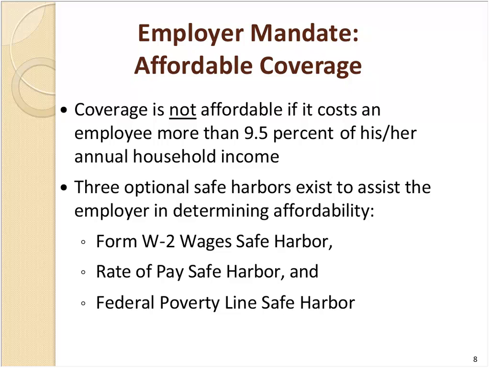Again, that's usually going to be a lower number than either the rate of pay safe harbor or the W-2 safe harbor, but it is a safe line that the employer can draw, and that safe harbor works even for employees who happen to earn below the federal poverty line. So the federal poverty line is independent of what the employee's actual rate of pay is, and it is a safe harbor that the individual can use. Now, you only have to look at the employee's own pay to determine affordability.